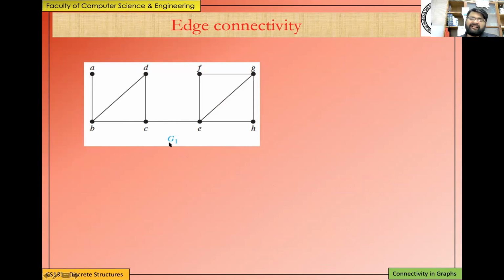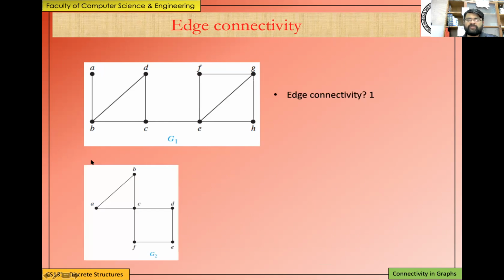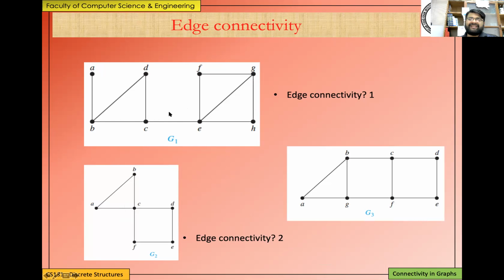So the edge cut value is basically 1. What about this one? Well, in this case, we have to remove at least 2 edges to produce a disconnected graph, and hence the edge connectivity value is 2. What about this one? In this case, we have to remove again 2 edges over here to produce a disconnected graph, and hence the edge connectivity value here is also 2.